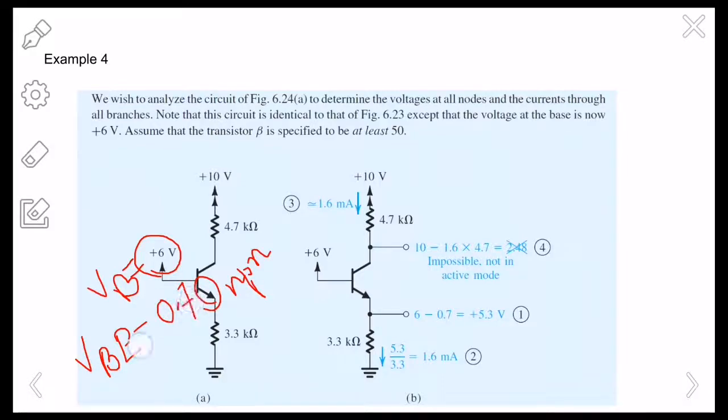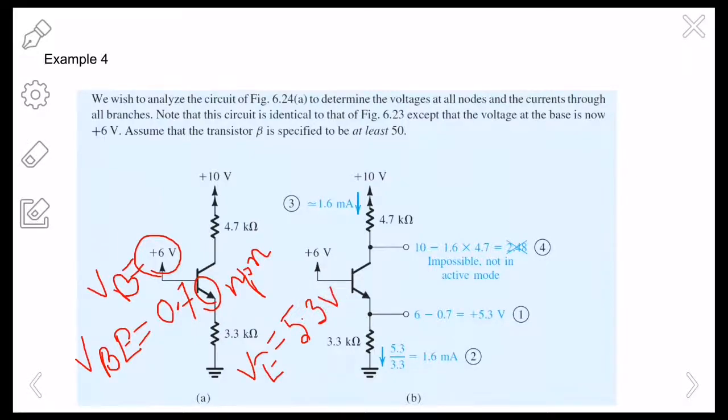So 0.7 volts VBE. That points out that your VE should be 0.7 volt less, that is 5.3 volts.